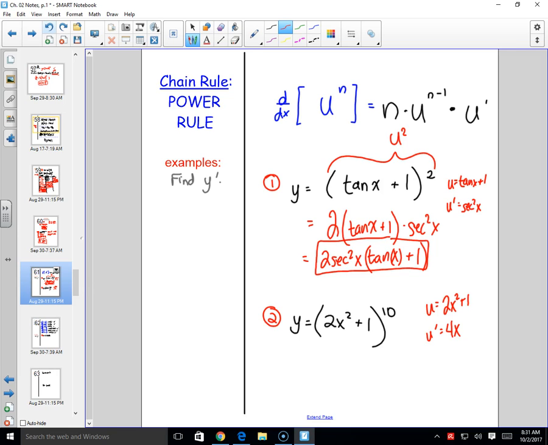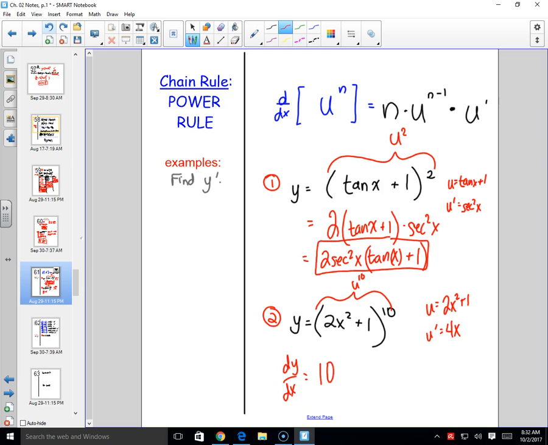U to the 10th, right? So u to the 10th, what's the derivative of u to the 10th?